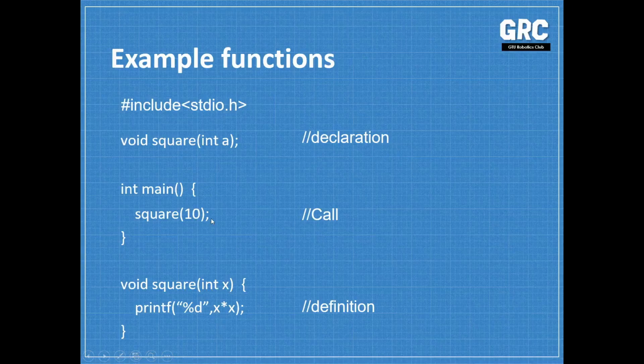Whenever we want to perform a square, we can just call the square function and pass a parameter, and it will print the square of the number. So you saw how easy it becomes.